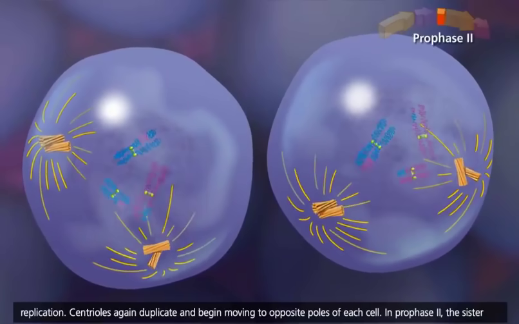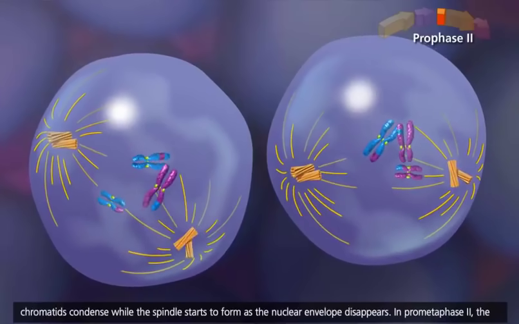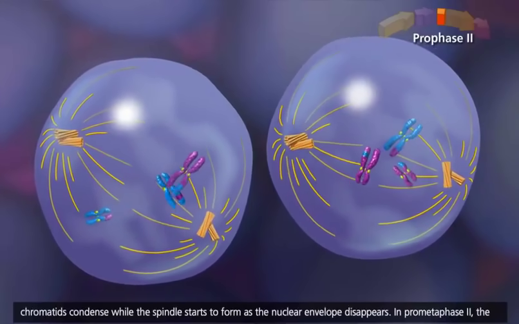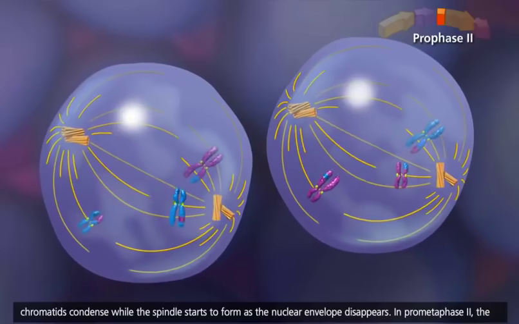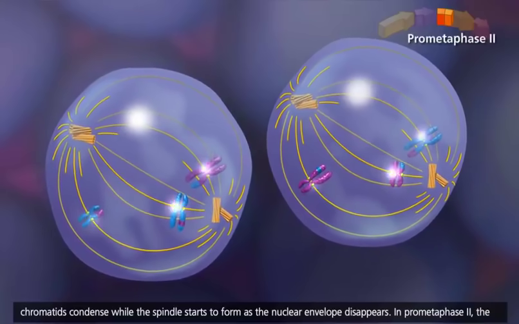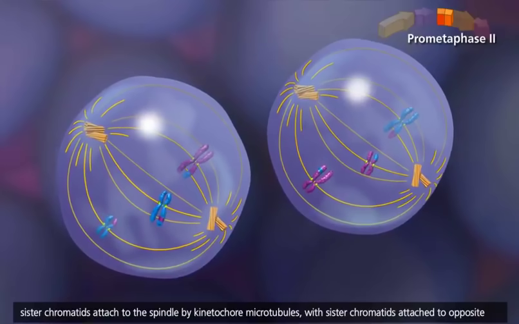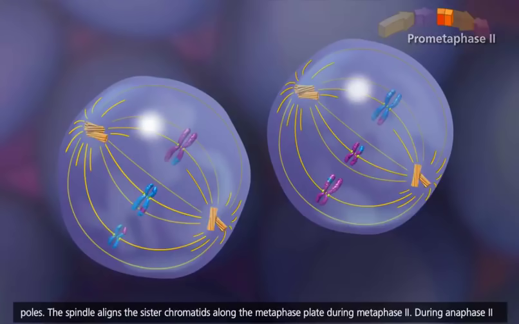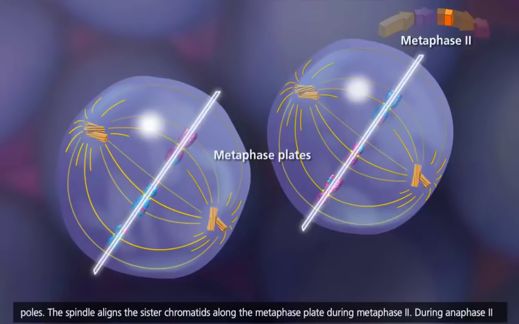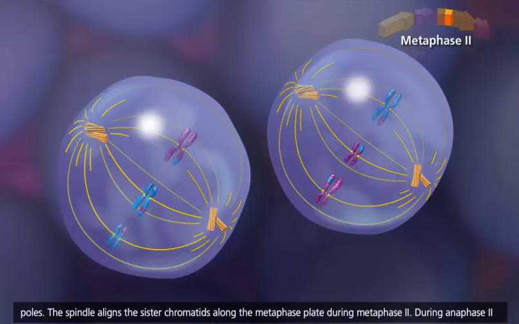In prophase II, the sister chromatids condense while the spindle starts to form as the nuclear envelope disappears. In prometaphase II, the sister chromatids attach to the spindle by kinetochore microtubules, with sister chromatids attached to opposite poles. The spindle aligns the sister chromatids along the metaphase plate during metaphase II.